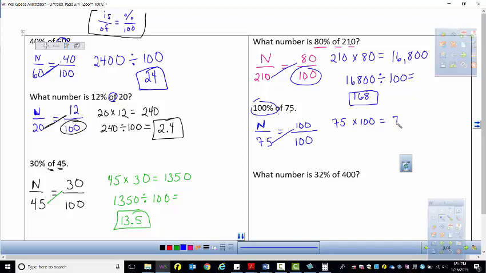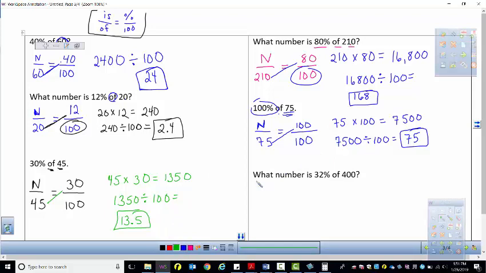That equals 7,500. And I take my 7,500 and I divide by 100. So I get 75 for my answer. And you can use your calculator to do that. That one I just knew because when the percent is 100, it has to be the same number. See how these two numbers are the same? So I knew that one had to be like that.